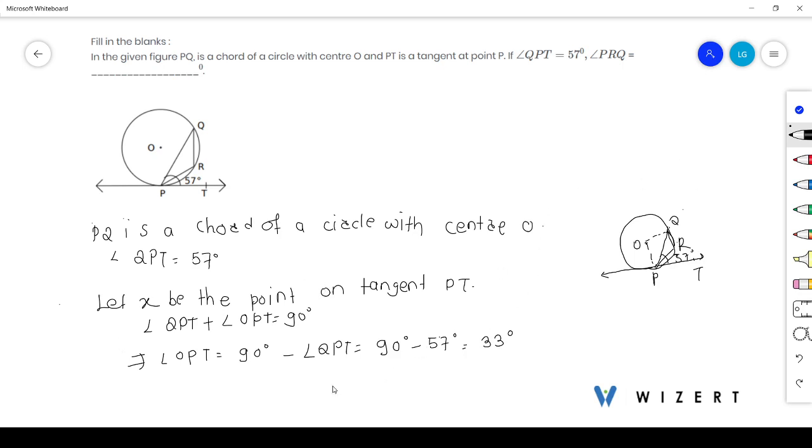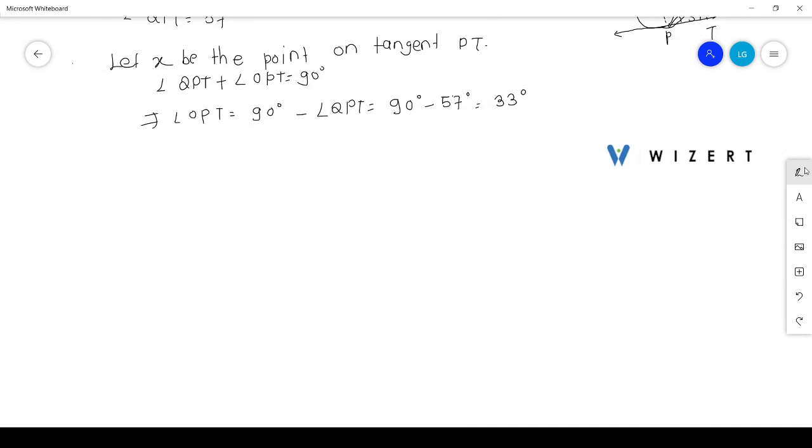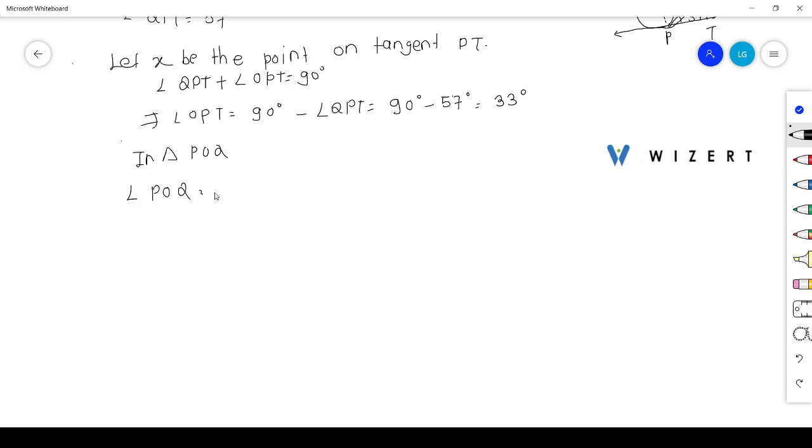Now in triangle POQ, angle POQ equals 180 degrees minus the sum of angle OPQ and angle PQO, because the sum of the angles of a triangle is 180 degrees.